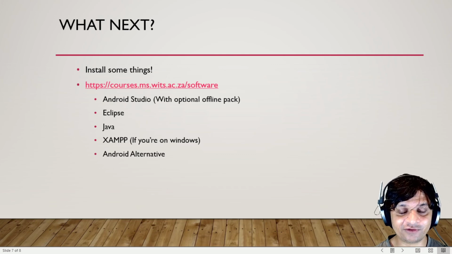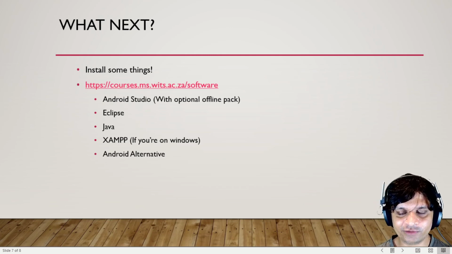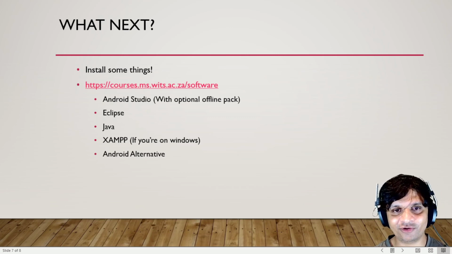So it uses a lot less resources. So if you're struggling to run Android Studio because your computer doesn't have enough RAM or the processor is too slow, then try out the Android Alternative. I'd suggest at this point install the Android Alternative anyway, because we will do at least one lab on it, and you can choose to do other labs on it if you find that Android Studio is too slow.